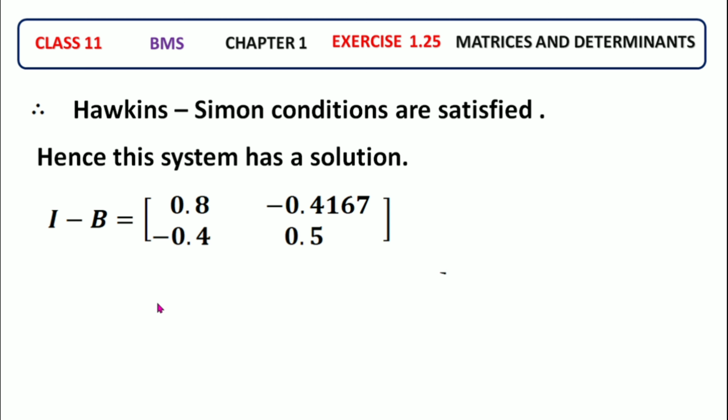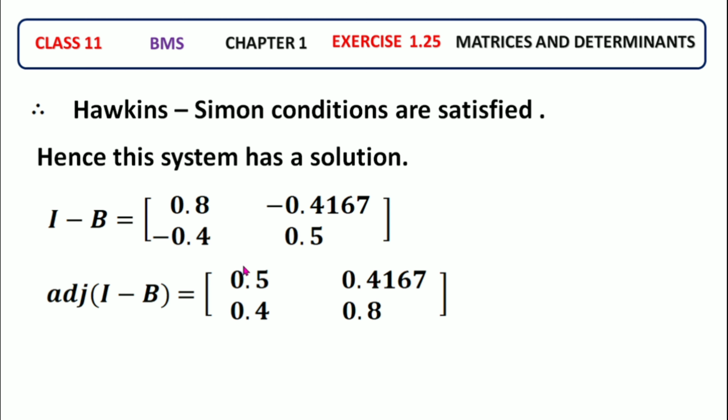So I minus B is given. Adjoint of I minus B: leading diagonal elements, that is main diagonal elements, are interchanged, 0.8 and 0.5 changed, so 0.5, 0.8 after interchanging, and for the remaining diagonal elements only the sign is changed. So negative becomes positive.